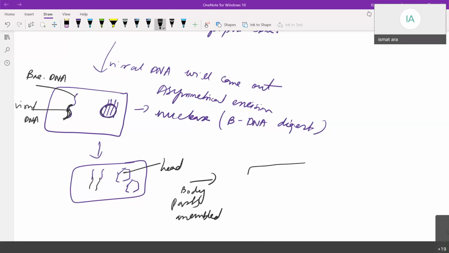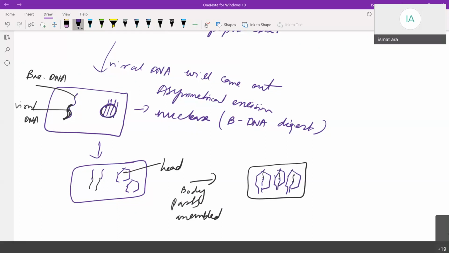This is the bacterial DNA, this is the viral DNA, and it is the head part. Assembling takes place.